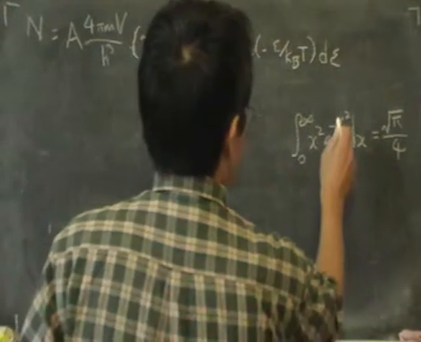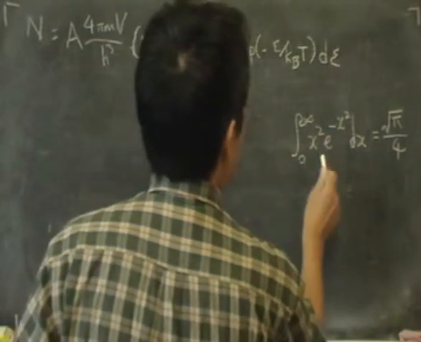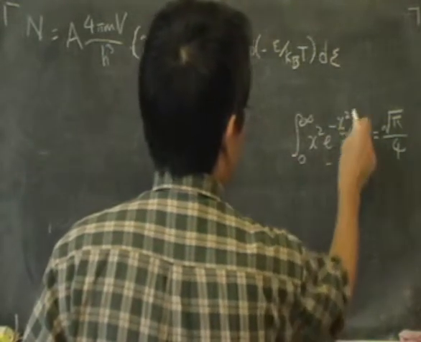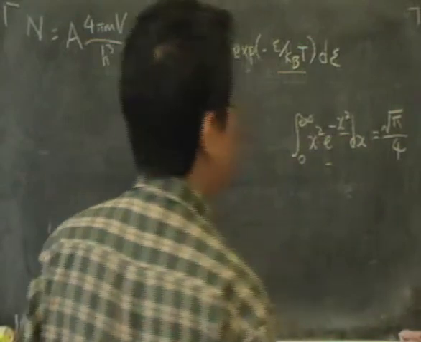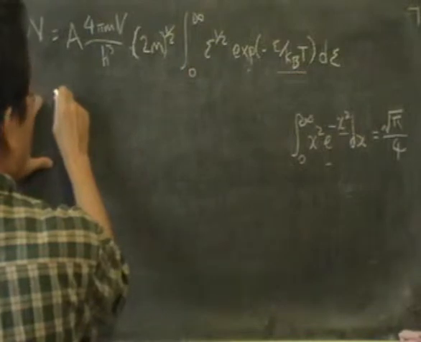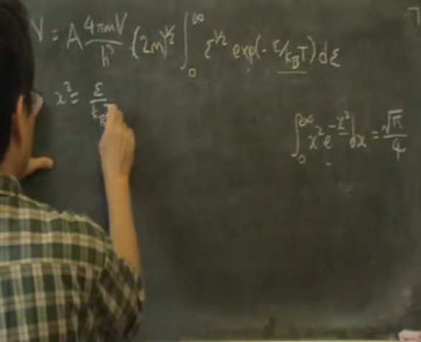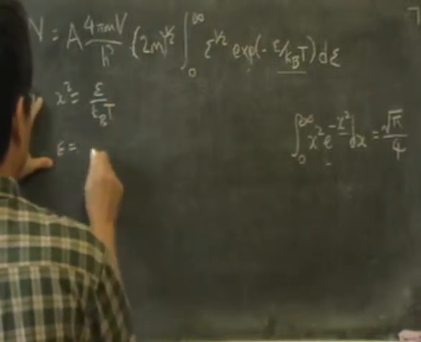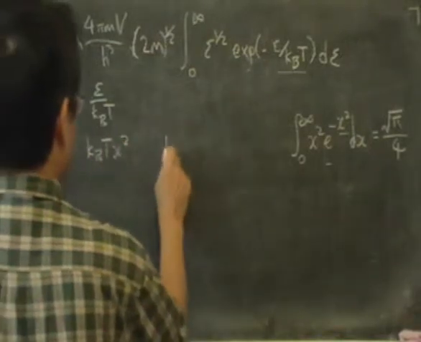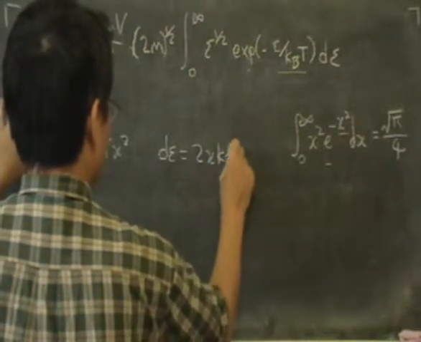So, the key is to look at, say, the exponential and compare the argument. So x squared corresponds to E over k_B T. So let's make that substitution. If x squared is equal to E over k_B T, then E is equal to k_B T x squared, and therefore dE is equal to 2x k_B T dx.